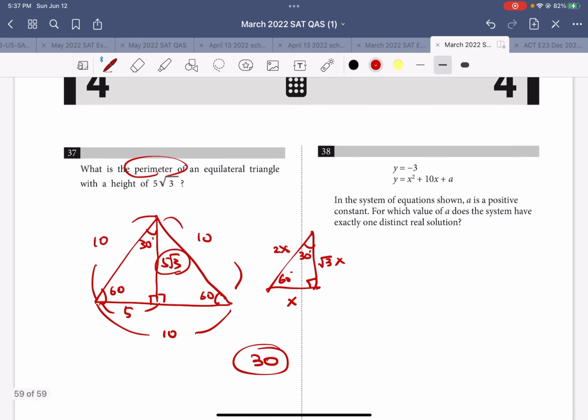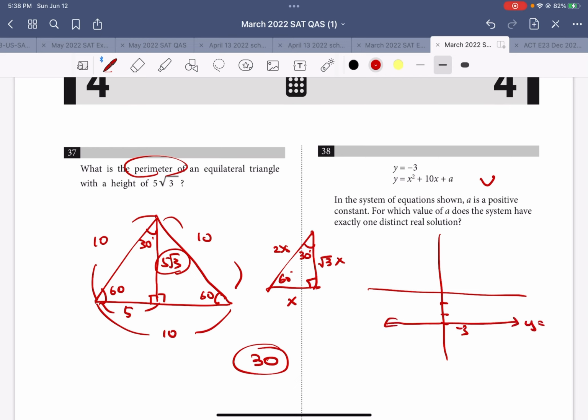38, y equals negative 3 and y equals x squared plus 10x plus a. In the system of equations shown, a is a positive constant. What is the value of a if the system has exactly one distinct real solution? So the parabola here opens up, and y equals negative 3 is a horizontal line.